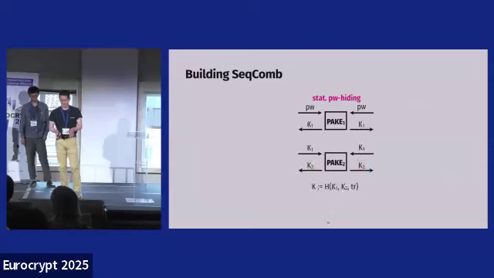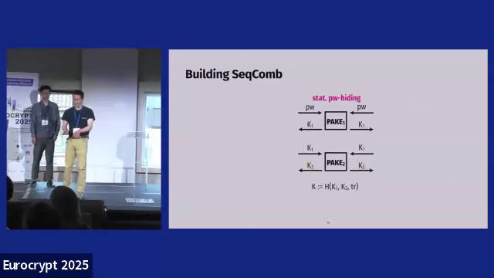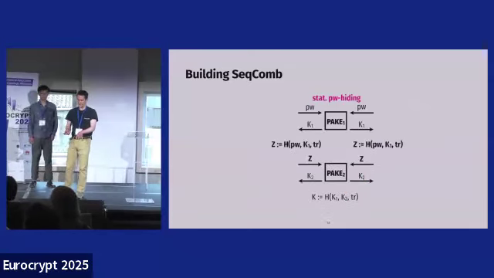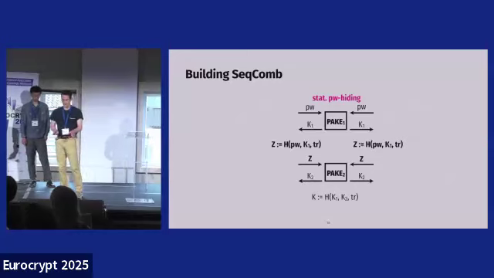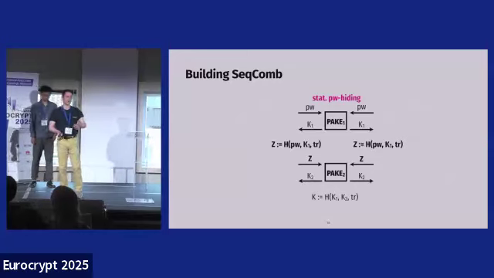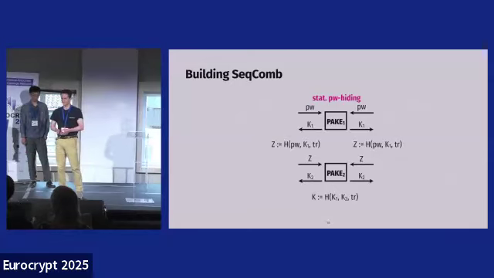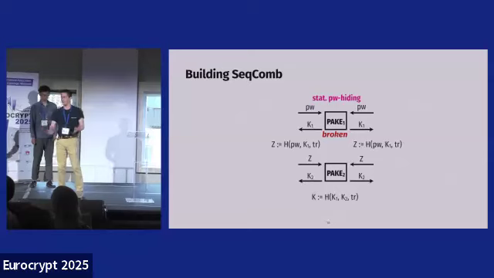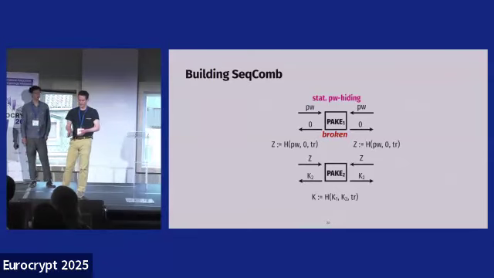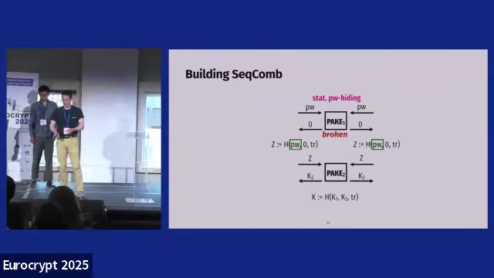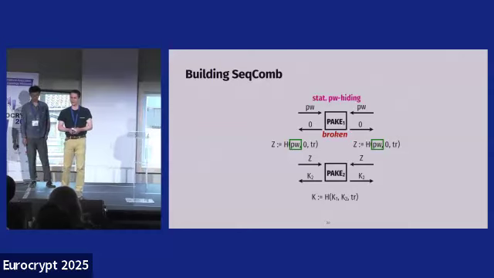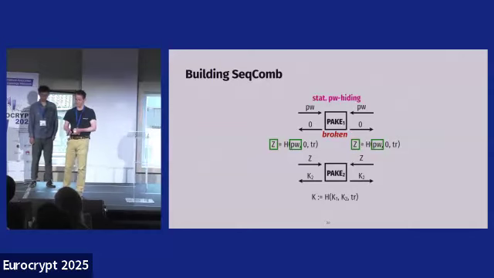So let's add that. Instead of just feeding K1, we're going to compute a value Z, which hashes in the password, K1, and the transcript of everything that's happened so far. And we're going to feed that into PAKE 2. Okay, so what happens when PAKE 1 is broken? Well, let's say K1 is 0. This Z is still going to be sufficiently secure because it has a hash of the password in it.